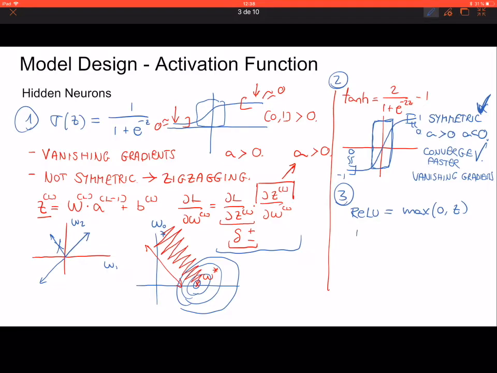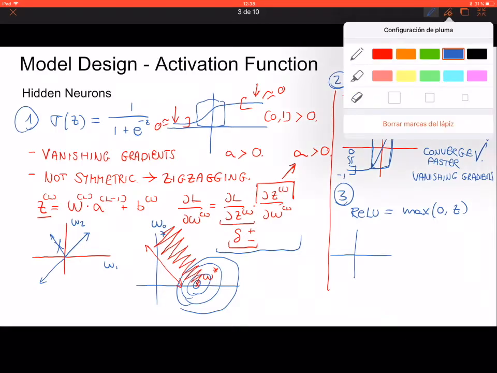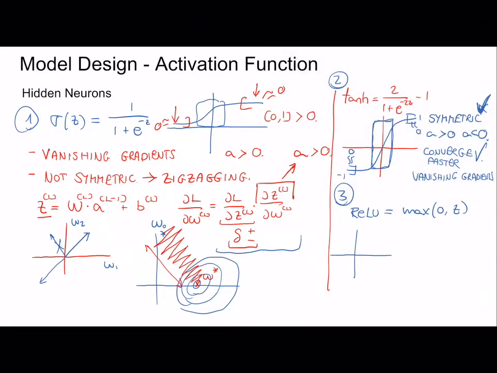As you probably guessed, it looks something like this: 0 for negative values and z for positive values. So this solves our vanishing gradient problem.